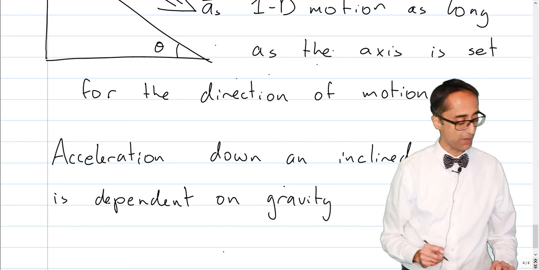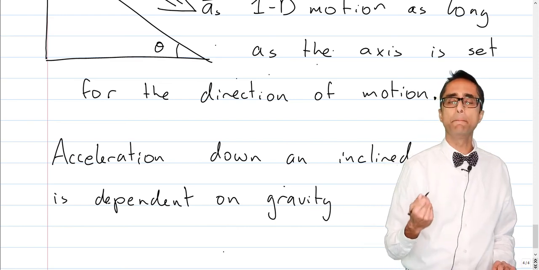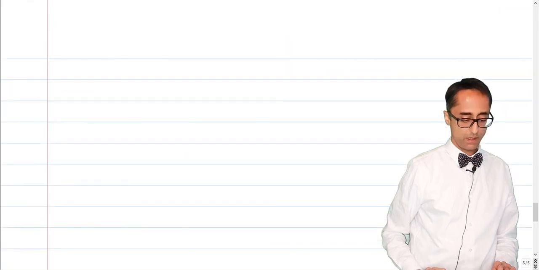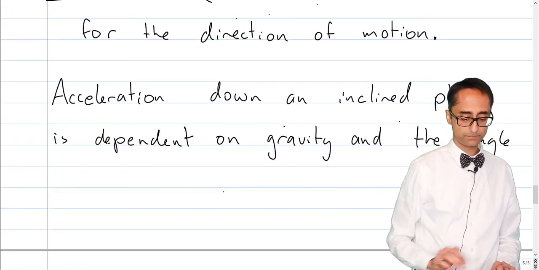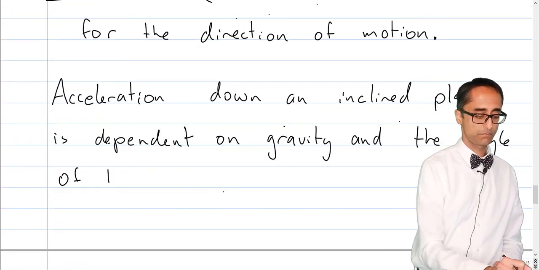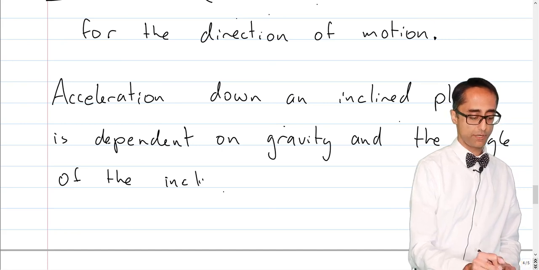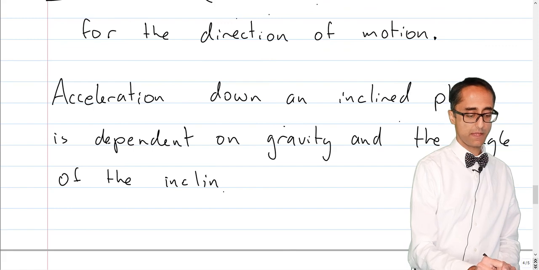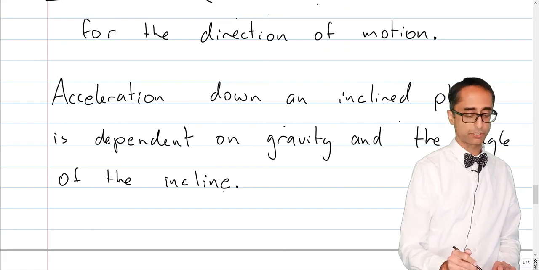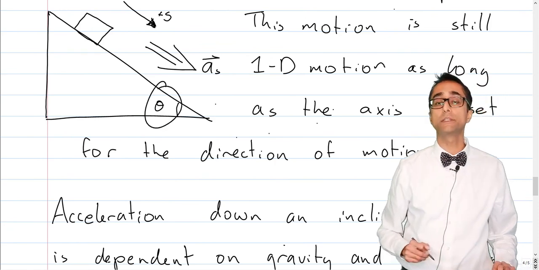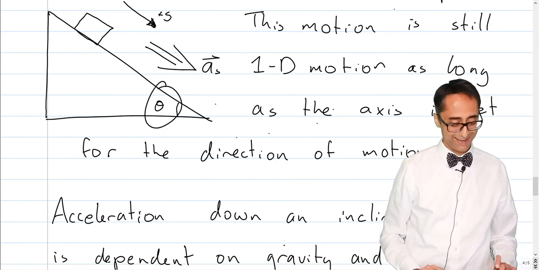Obviously, the acceleration due to gravity is important, but it's a mix of that and the angle of the incline. A combination of which gives us our acceleration. And please note that this term here is going to be used for our angle.